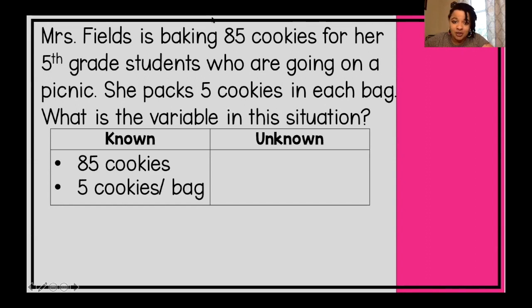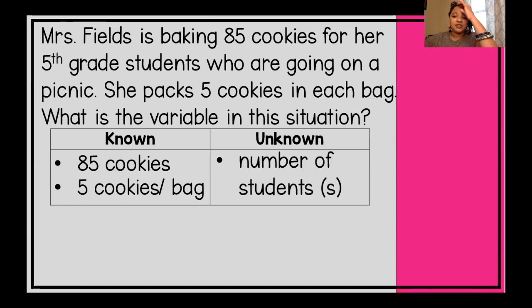But what I don't know is the number of students that she has. And if I'm writing an equation, I'm going to use S as my symbol or variable. So 85 divided by S is equal to 5, which would be my equation. What is the variable in this equation? It's the S. It's the thing that I do not know.